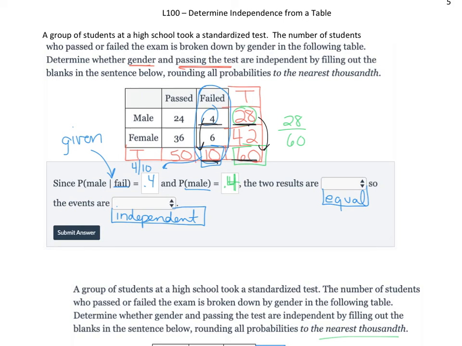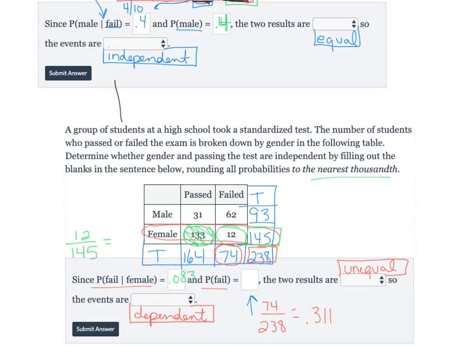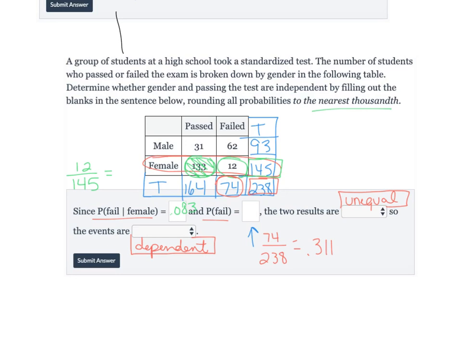See how they're located in that same row? And at the bottom of the page, it was the same deal, except we were going in the other direction. So we had 12 out of 145 and 74 out of 238. So that gives us a certain type of symmetry in the table that's going to help us do the next problems.